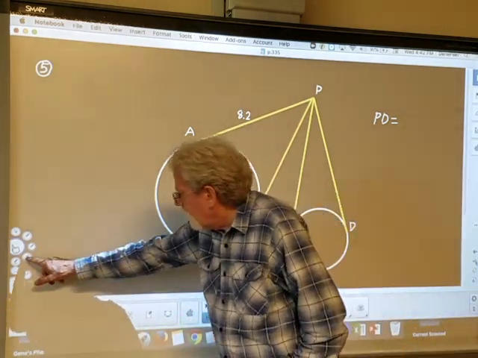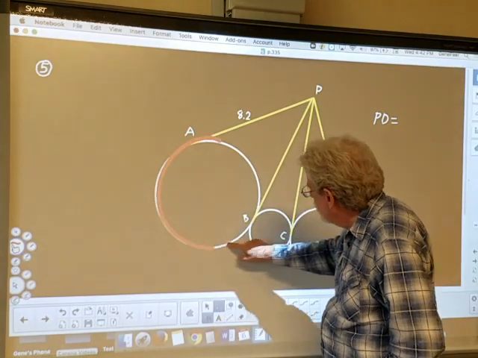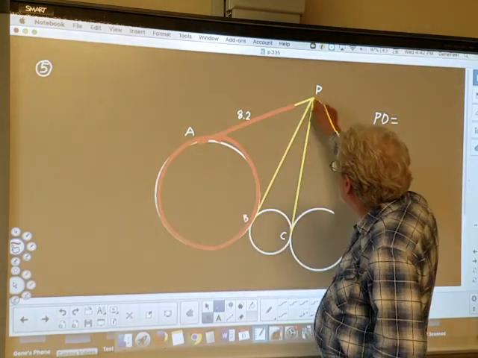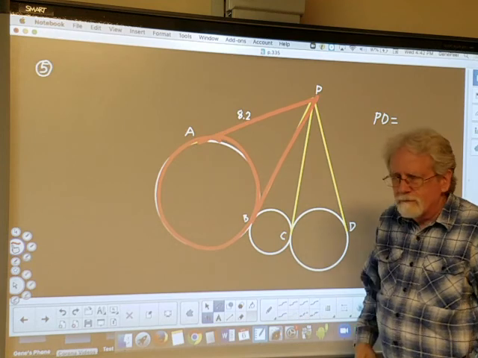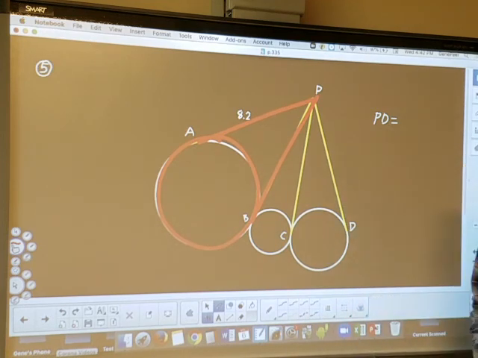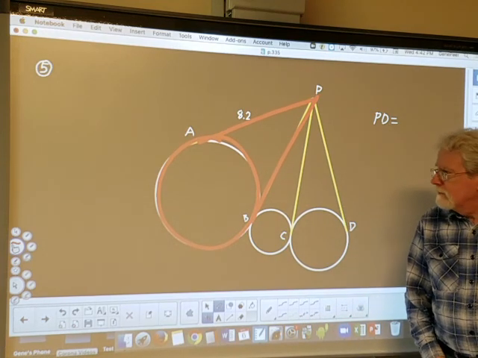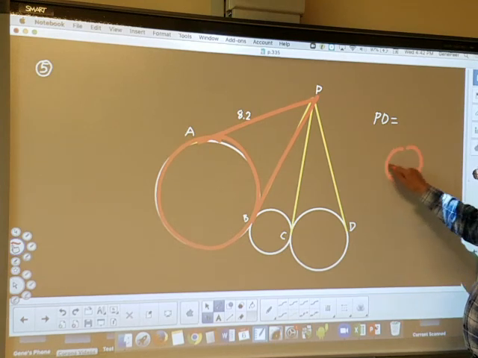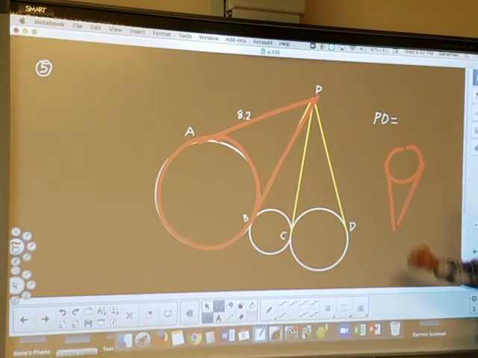Let's look first at just this circle and these two tangent lines. We have that corollary that I call the ice cream cone corollary, because we have ourselves something like an ice cream cone.